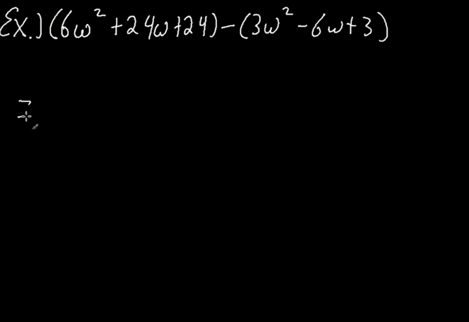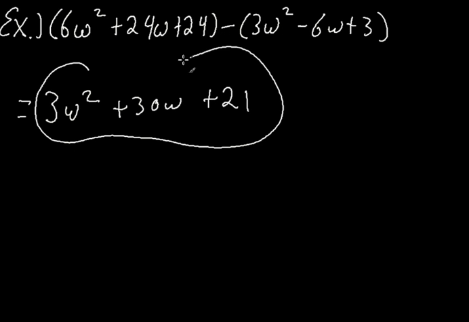So let's be careful. 6w squared minus 3w squared would be a difference of 3w squared. 24w minus negative 6w is going to make it 24 plus 6w, and that's going to be 30w. Next, 24 minus 3 makes 21. So that would be my final answer.